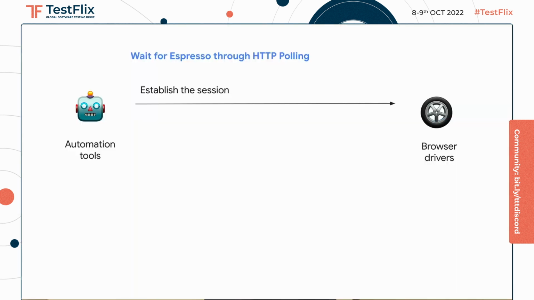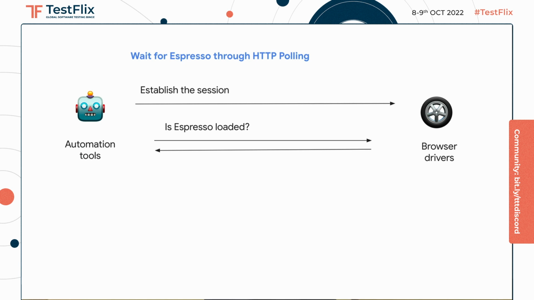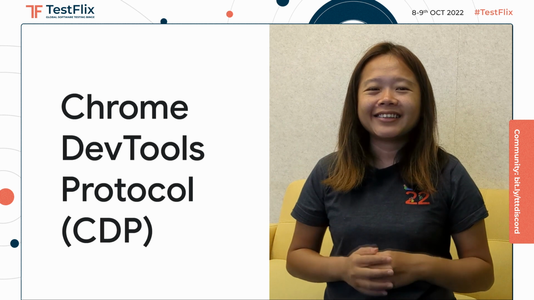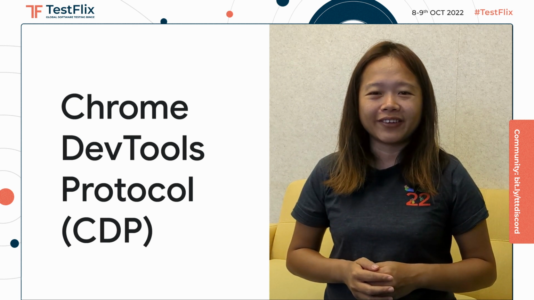The libraries need to constantly send a request to the browser drivers to check for the status. From the example above, we know that WebDriver is slower compared to other protocols because each classic command requires HTTP handshakes. Next, let's take a look at the Chrome DevTools protocol.